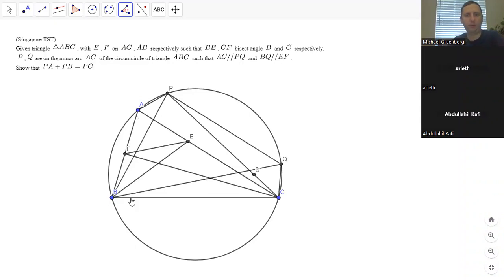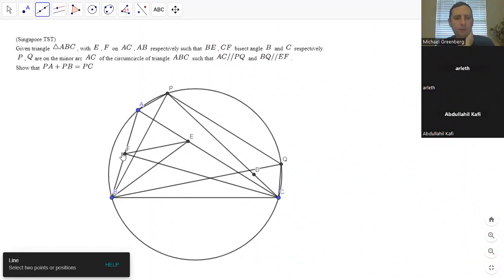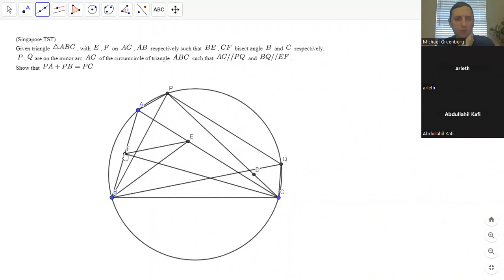Yeah, the key is figuring out how to use that BQ is parallel to EF. That doesn't seem so easy. I don't know if it's worth trying the whole line EF and seeing where it meets the circle.